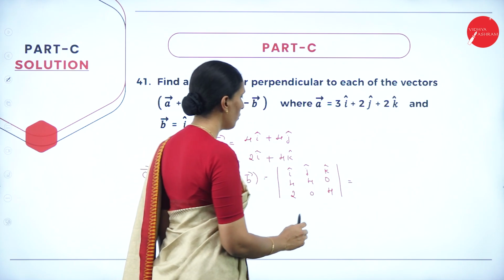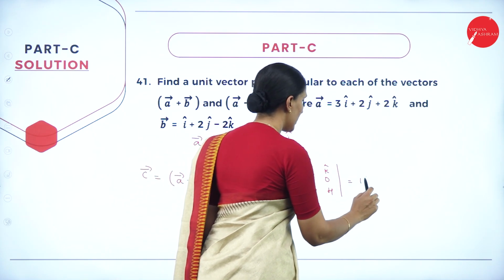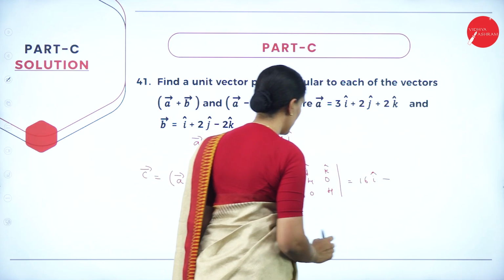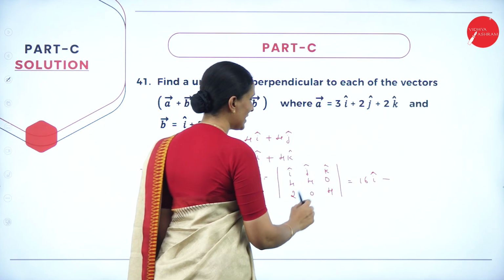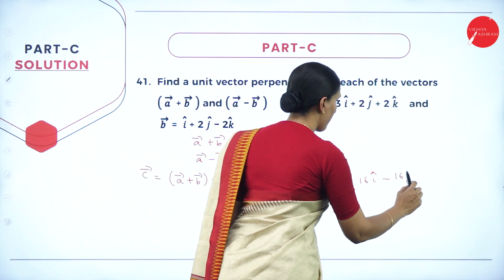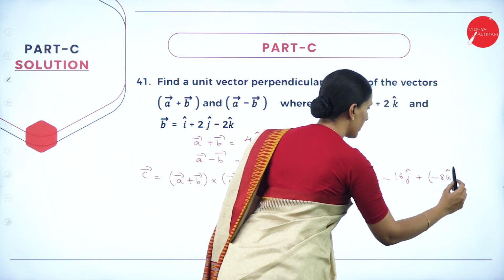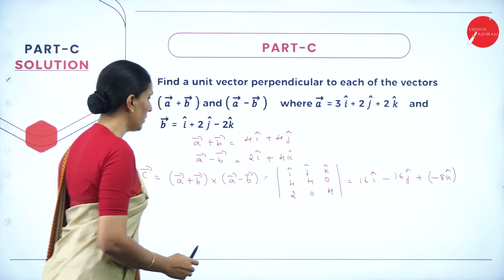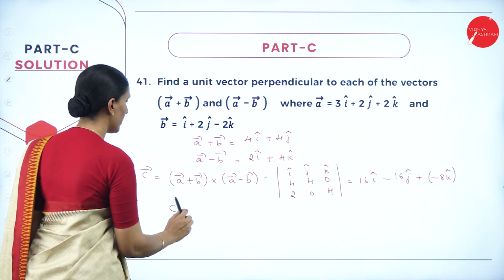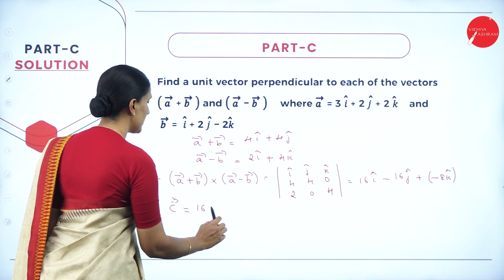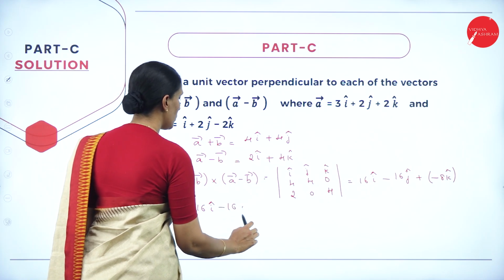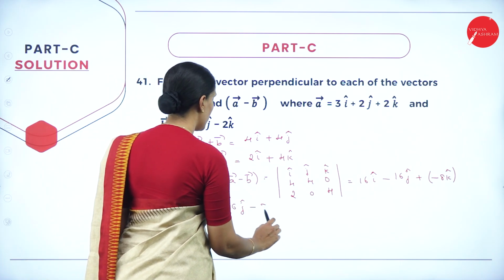So here we get 16i minus 16j minus 8k. So therefore vector c is 16i minus 16j minus 8k.